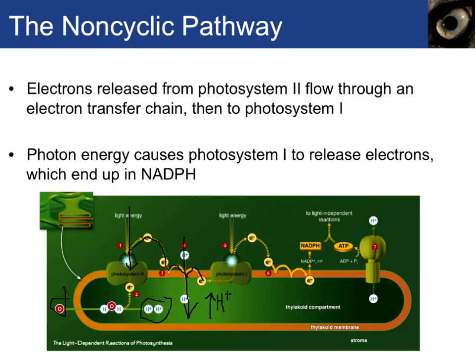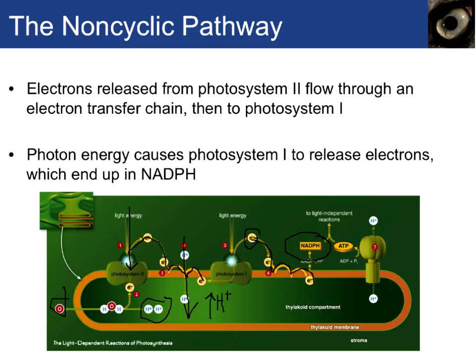And these electrons, again, now you have high energy electrons. They're going to bounce down the electron transport chain. And this is going to be used to convert NADP, which is a low energy molecule, combining it with hydrogen. So this is reducing this molecule and storing energy. NADPH is now a high energy molecule.